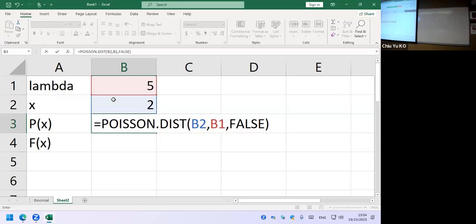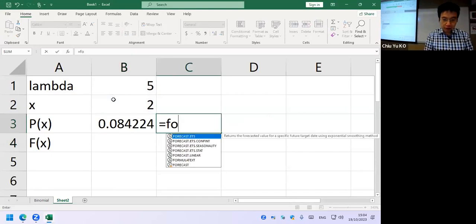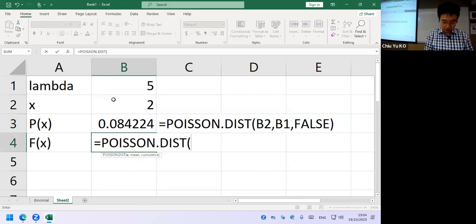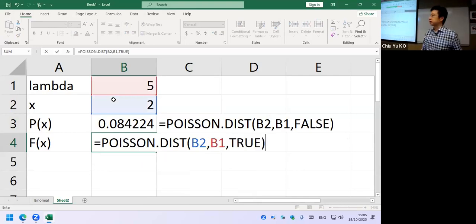So I hope you can guess how to do the F. It shouldn't be a big issue for you. It will be the same. POISSON.DIST with B2, B1, but now I put true, because true is the big F. True and false is just asking whether it is cumulative.